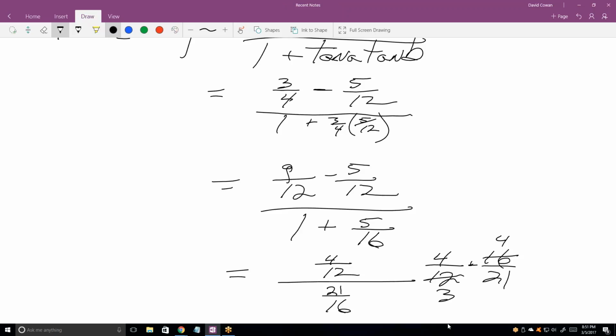Now I got 16 over 63. Yeah, that's it. I don't think that can be simplified. This is divisible by 3, but this isn't. So that looks like a final answer.